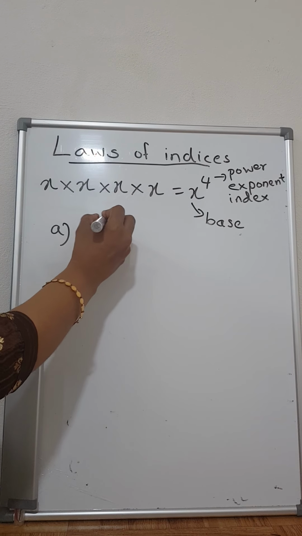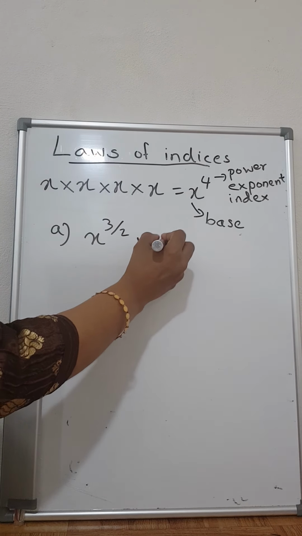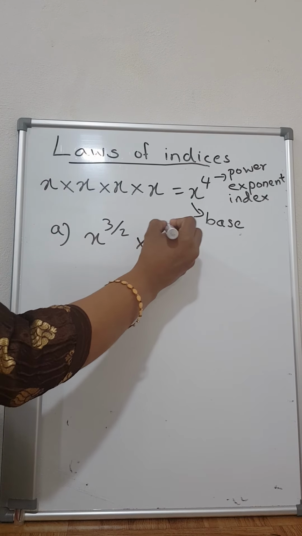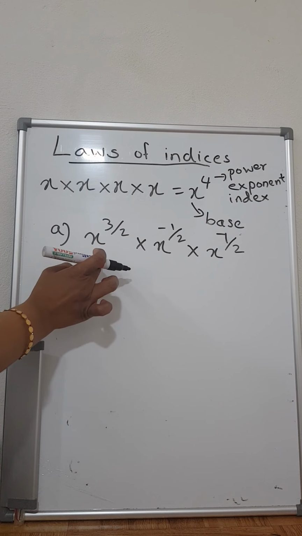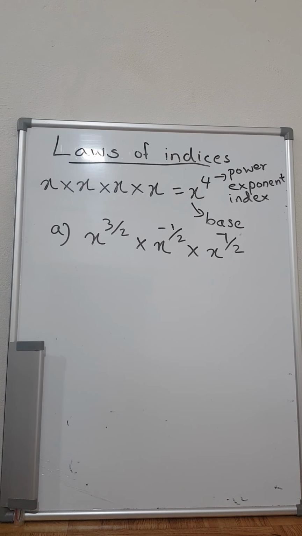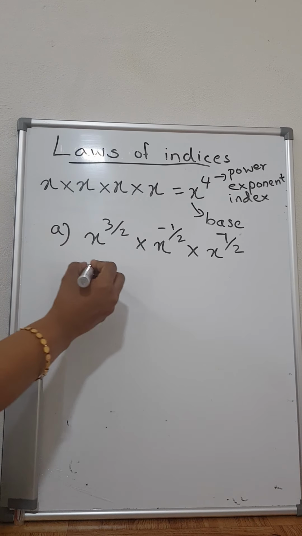x to the power 3 by 2 times x to the power minus 1 by 2 times x to the power 7 by 2. You see, here we have 3 indices. So what are we going to do? We'll do the same way as we did before.